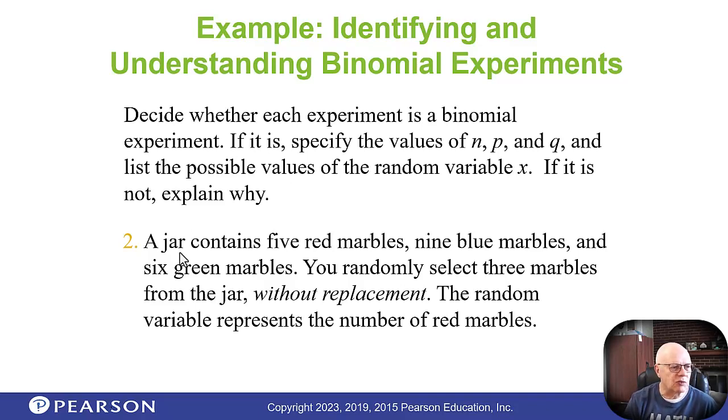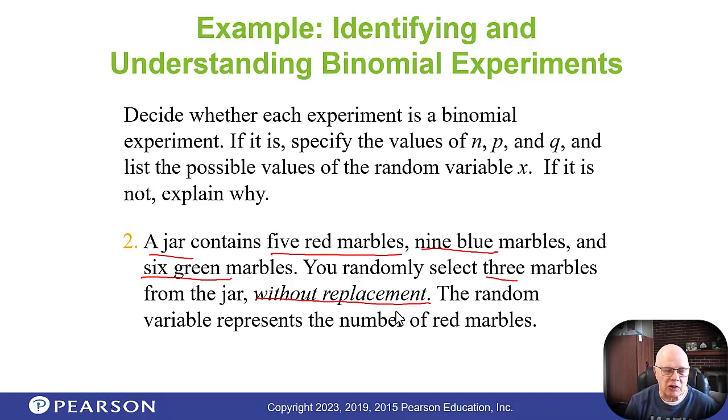So let's check this one. We've got a jar that's 5 red marbles, 9 blue, 6 green. You randomly select 3 marbles from the jar without replacement. The random variable represents the number of red marbles.